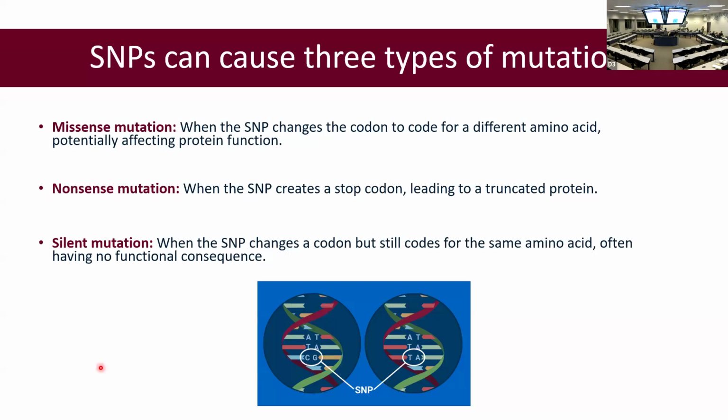A nonsense mutation is when the SNP creates a stop codon, leading to a truncated protein. A silent mutation is when the SNP changes the codon, but it still codes for the same amino acid. So as you can see, a nonsense mutation is a lot more harmful than a silent or a missense mutation, obviously.